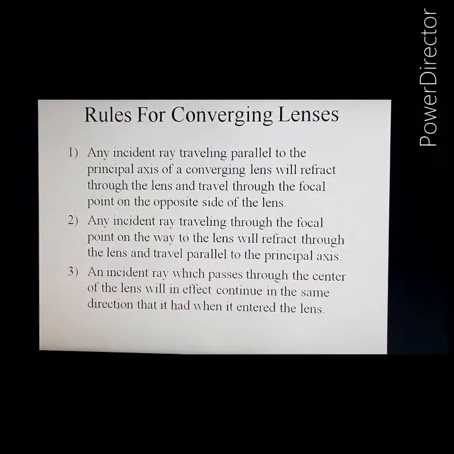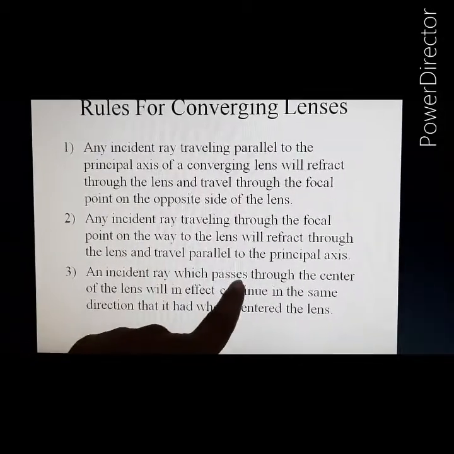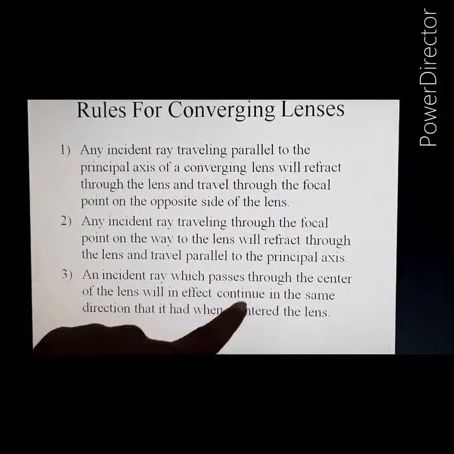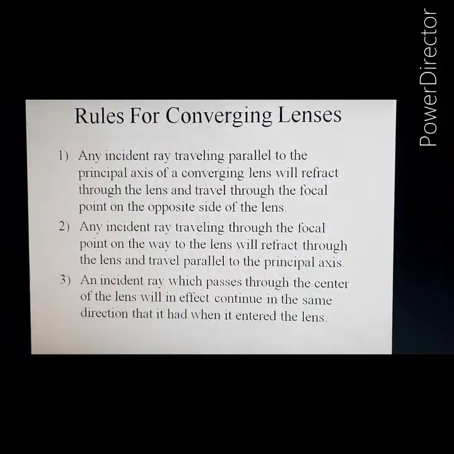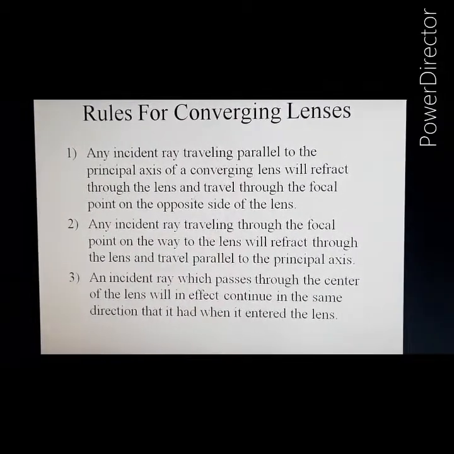Next, the third rule which you are seeing. An incident light ray which passes through the center of the lens will in effect continue in the same direction that it had when it entered the lens.